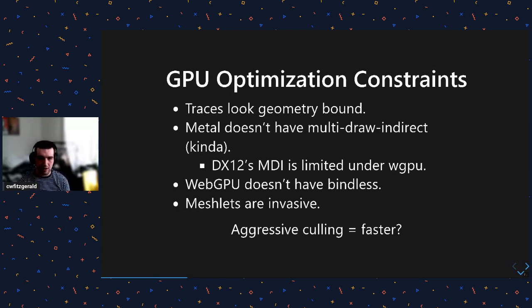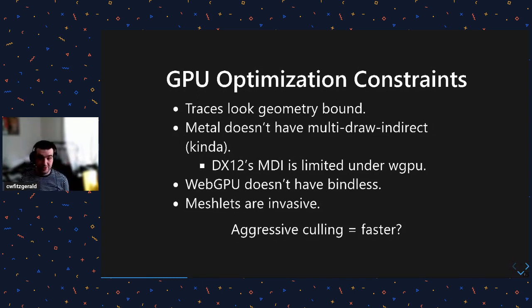This is kind of a problem because Metal doesn't have it. It does, but it doesn't. Not in a way that is accessible to WGPU, at least. And DX12's multi-draw indirect is also limited due to a very similar reason. Basically, they need special buffer formats, and we haven't implemented all that transforms yet.